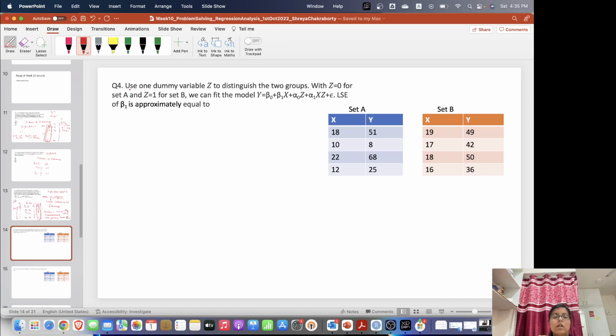So here what we have been told is that we have to use one dummy variable z to distinguish between two groups.